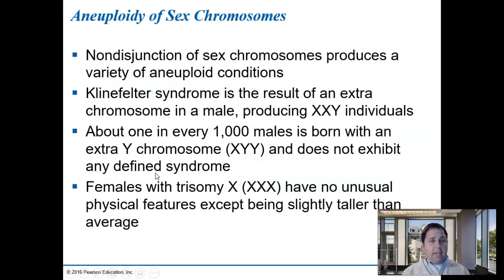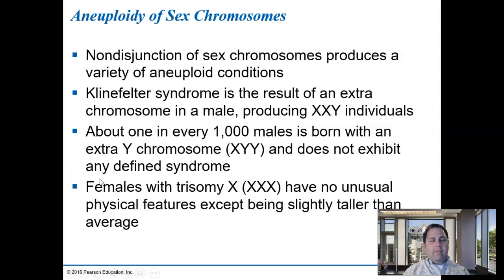You can also have aneuploidy of sex chromosomes. These become somewhat interesting. You can have something called Klinefelter syndrome, XXY, so a male with an extra X chromosome. You can have 1 in every 1,000 males born with an extra Y chromosome, and that doesn't, as far as we know, have any defined syndrome.